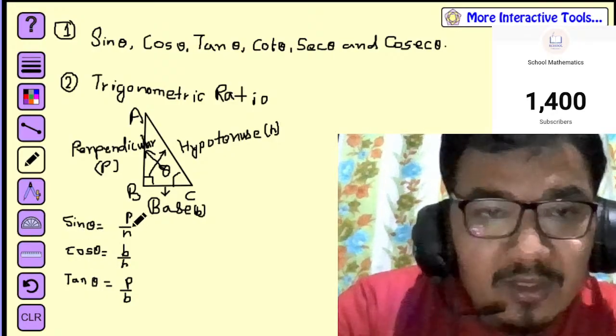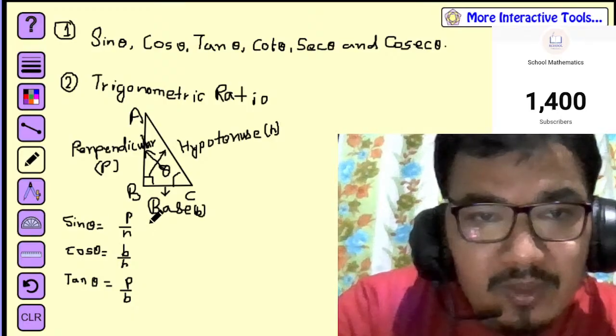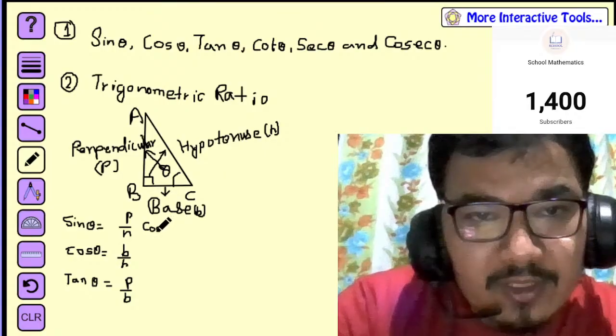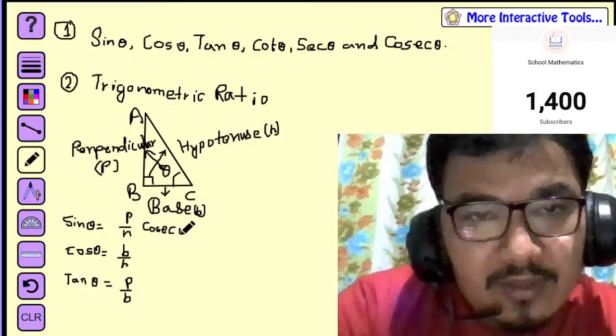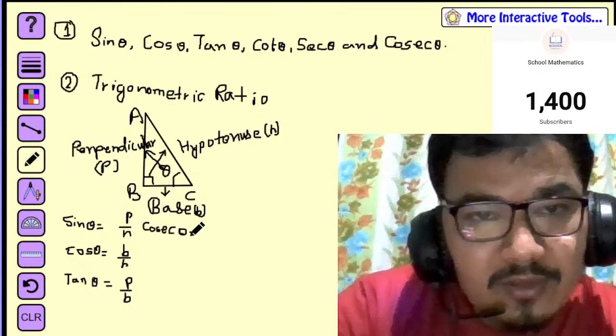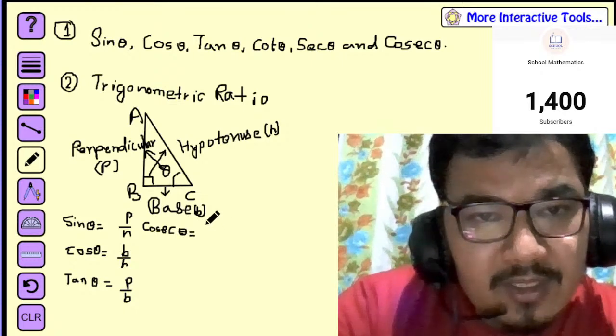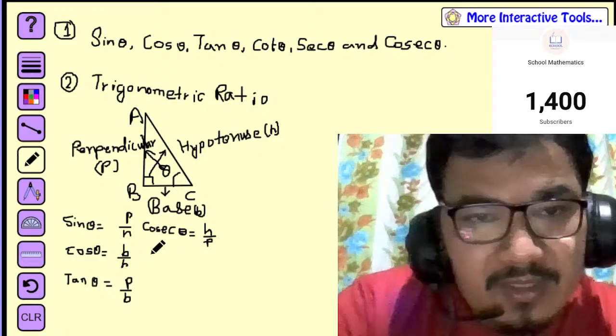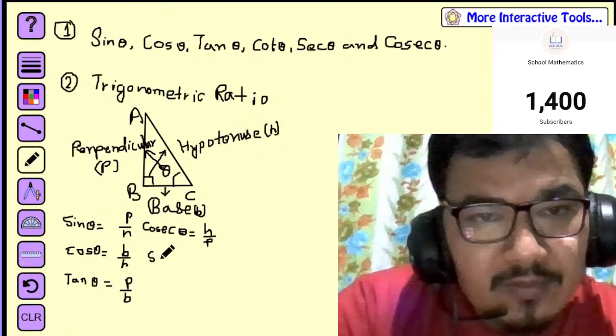They have reciprocals. The reciprocal of sine is cosec. Cosec theta equals its reciprocal, h by p. Similarly, cos is b by h, so its reciprocal is sec.